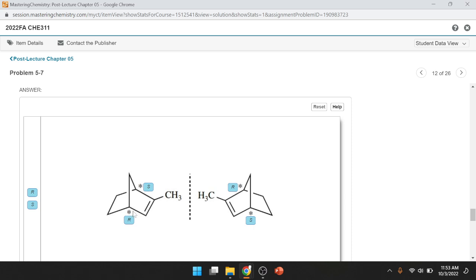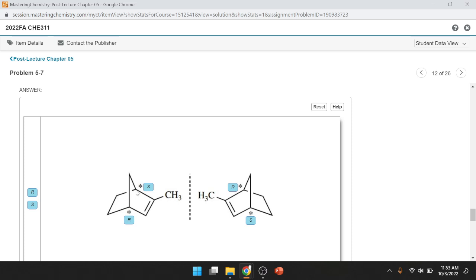And so all we have to do now is the priorities. And so, well, that has to be priority 1, right? And then the next ones are actually kind of a pain. So the next priorities would be this versus this, and those would be a tie because they're CH2s. And then it would be that versus that.